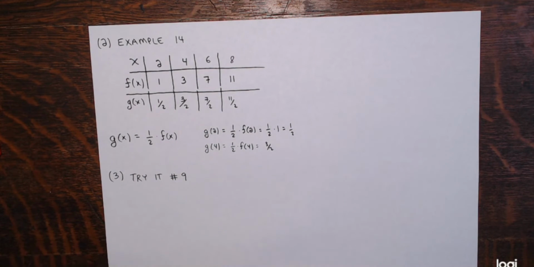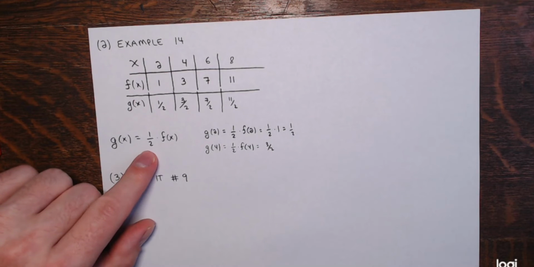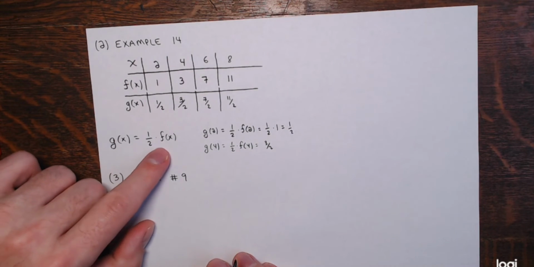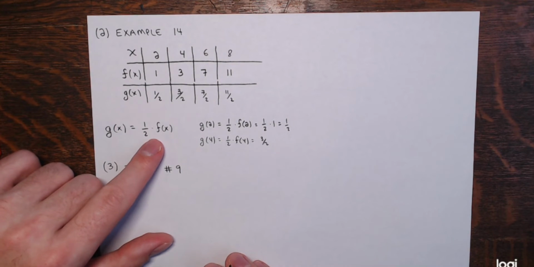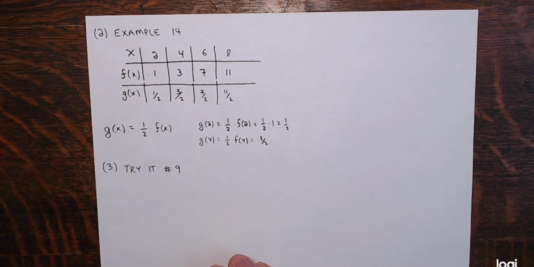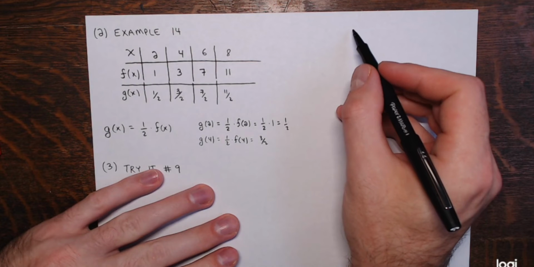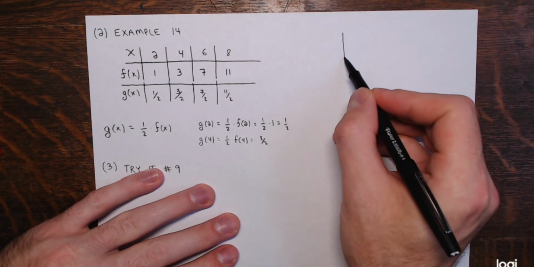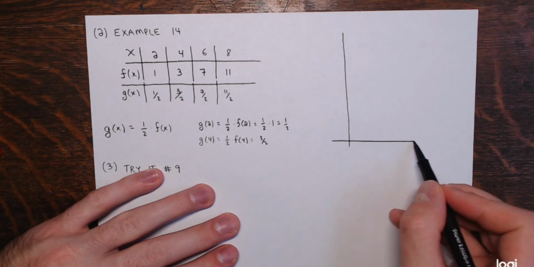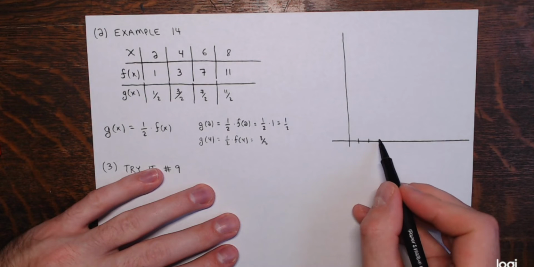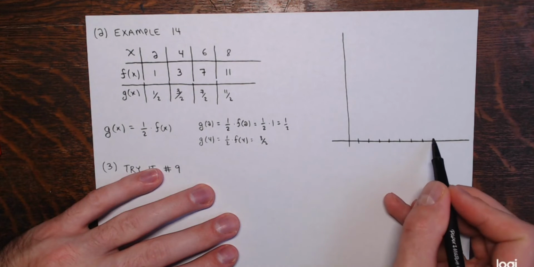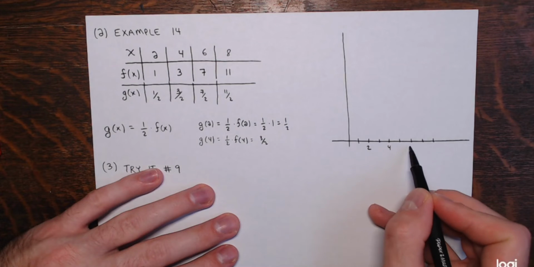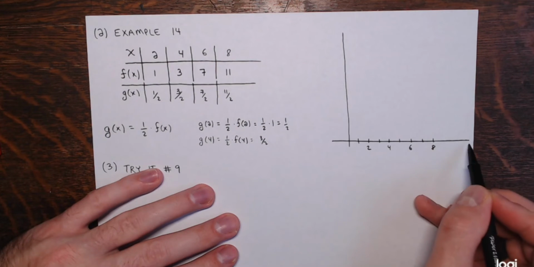And what we're going to see is that this g of x function, this half of f of x, that's a vertical compression of f by a factor of a half. And we'll see what I mean when I make a rough sketch here. So there's x-axis, y-axis.